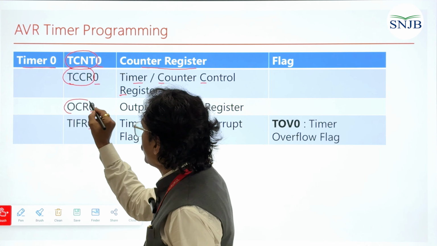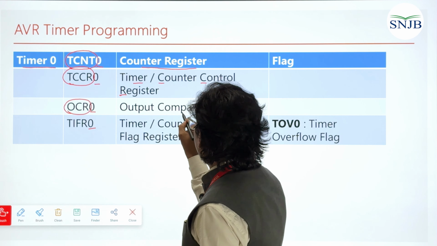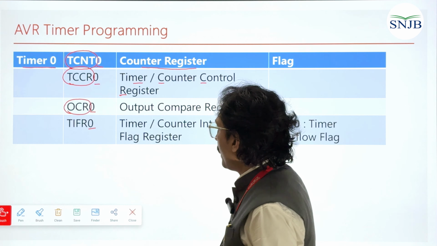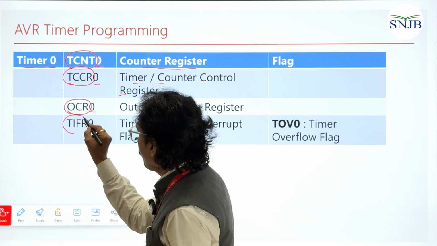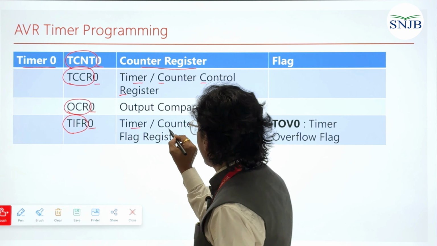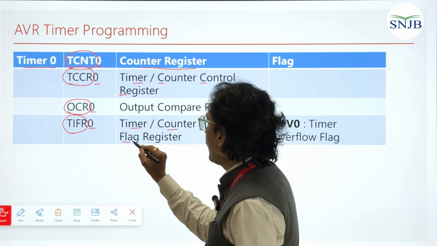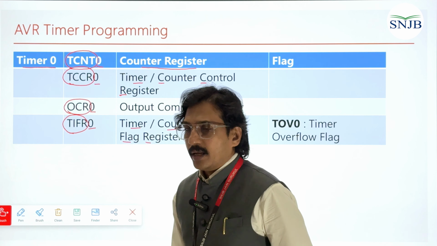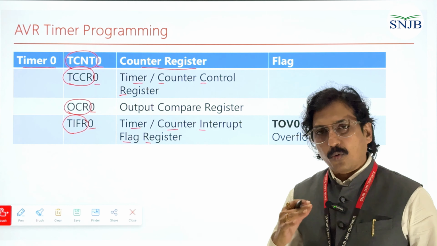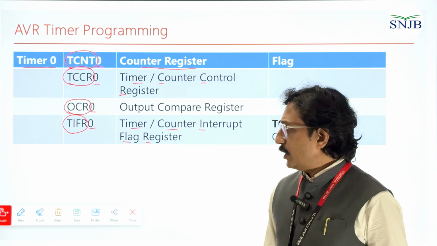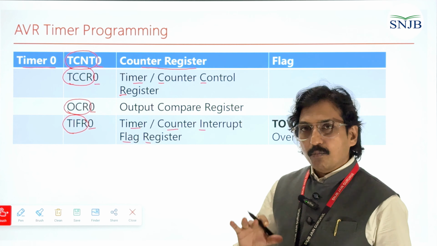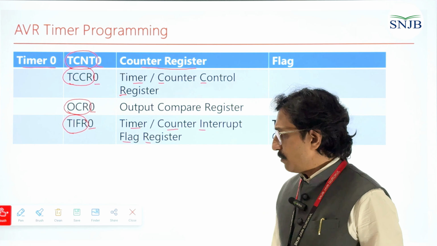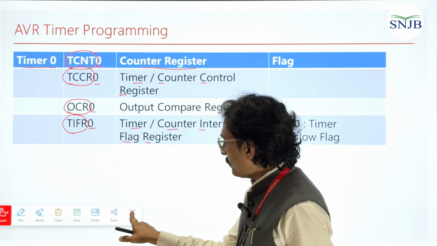Third is OCR, the output compare register, and the last one is the timer counter interrupt flag register. So these are the four registers. They play a vital role in programming our timer. So we are directly moving towards the programming part of the timer.